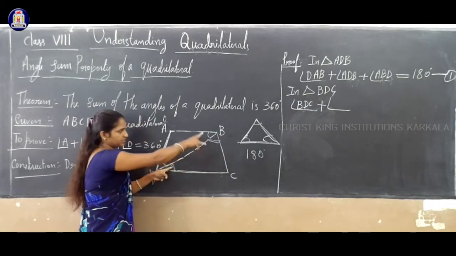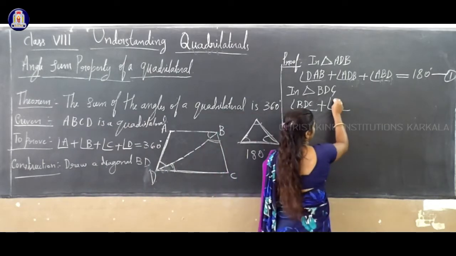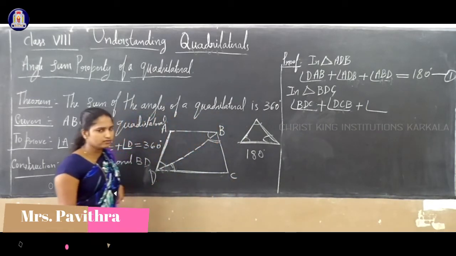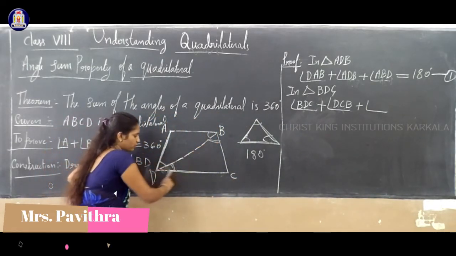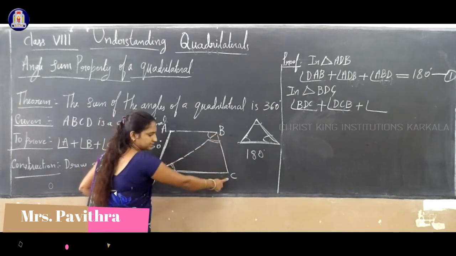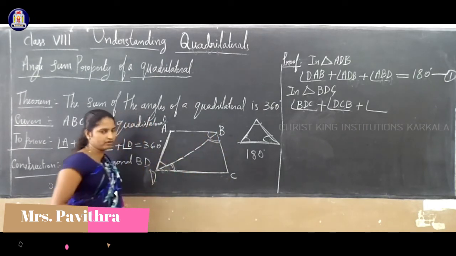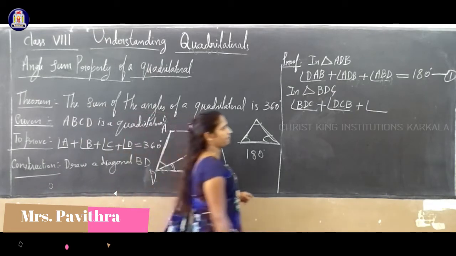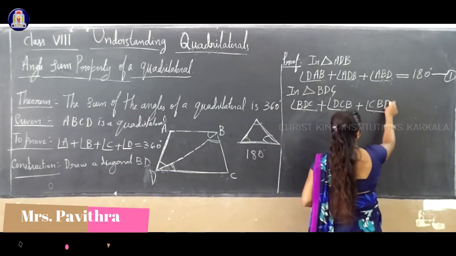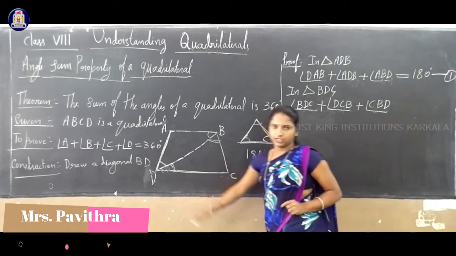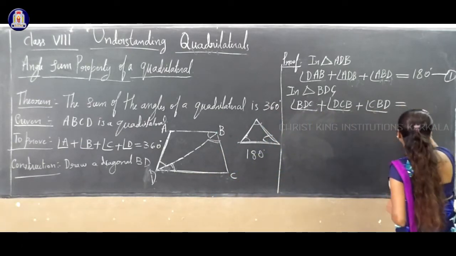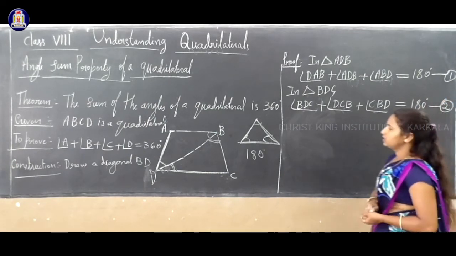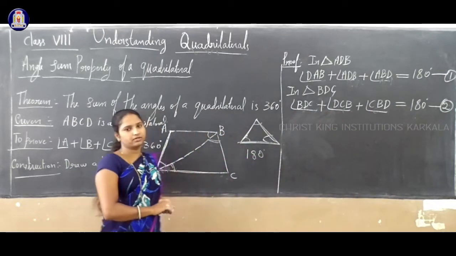Plus the remaining angle is this angle, right? How to write this? DBC, or you can write CBD. See the figure, then you can understand CBD. So the sum of the angles of a triangle is 180 degrees. So this is equation number 1 and equation number 2.